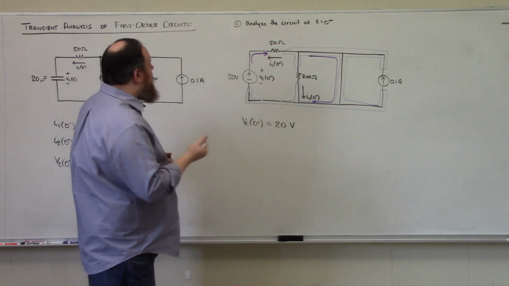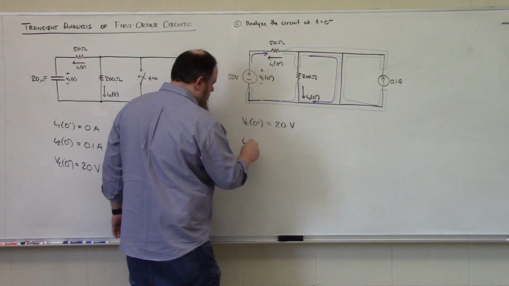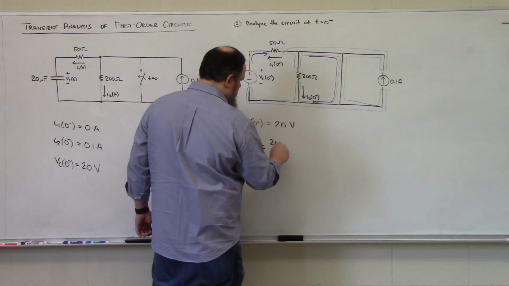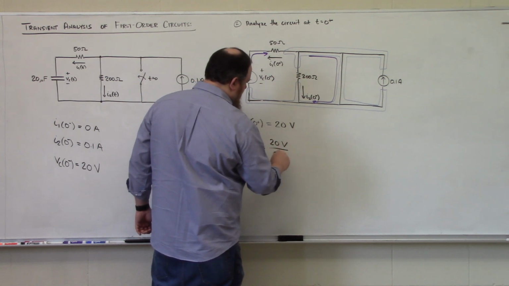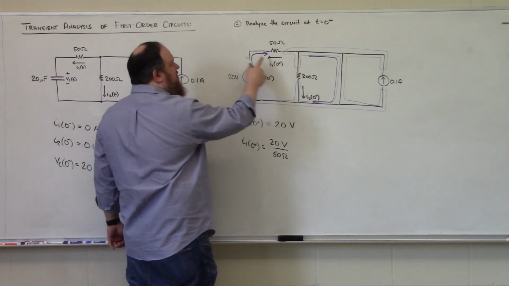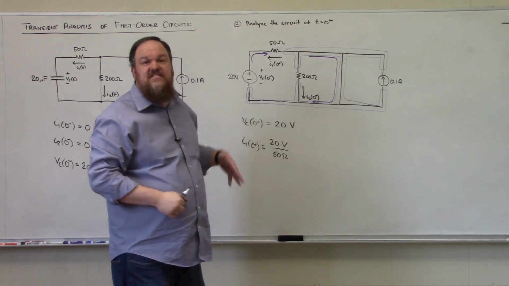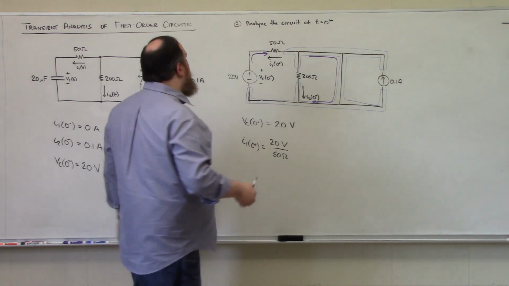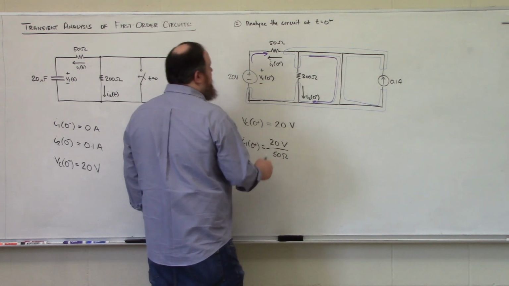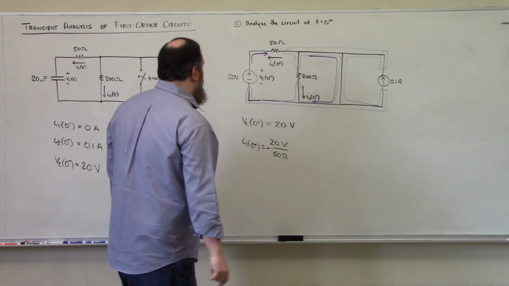So from this, we can see that I1 of 0 plus is 20 volts divided by 50 ohms. And I need to have a negative sign because the current is flowing out of the positive polarity terminal. Effectively, the capacitor is acting like a source to this 50 ohm load at this point. So I need my negative sign because this purple current is in the opposite direction as how I've defined that.